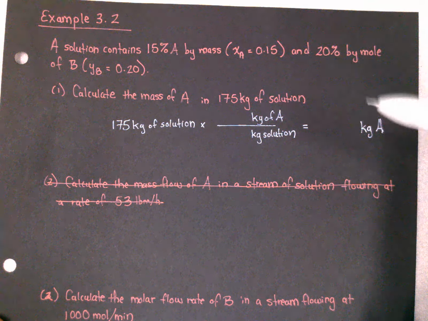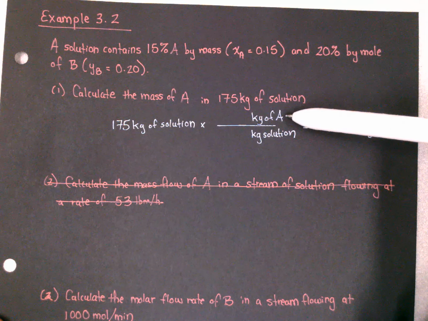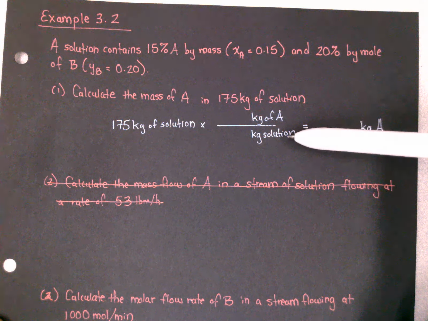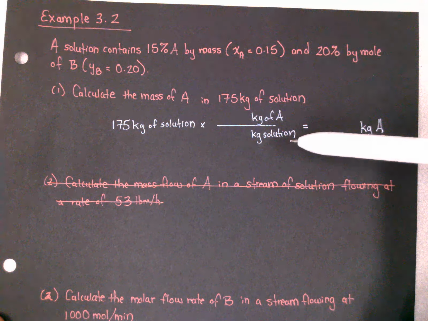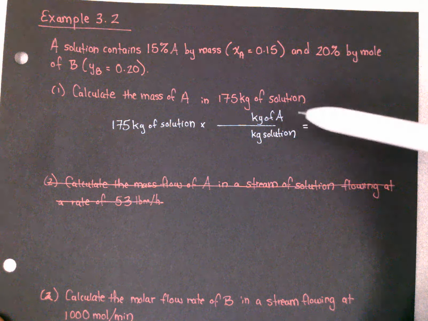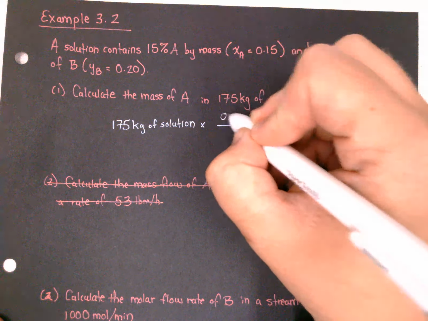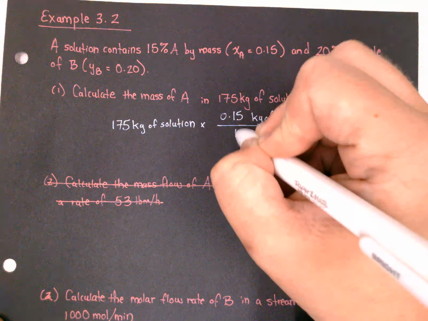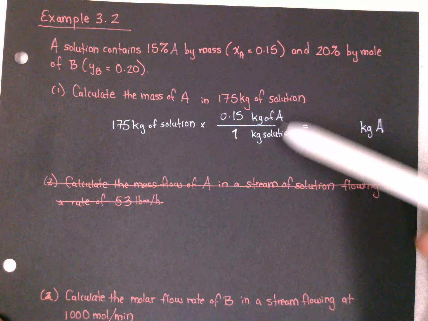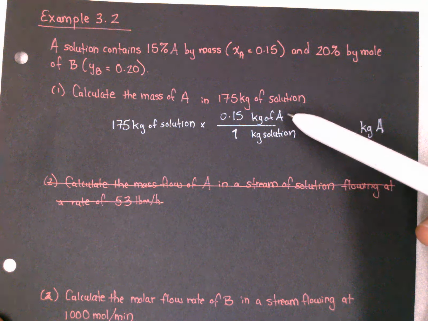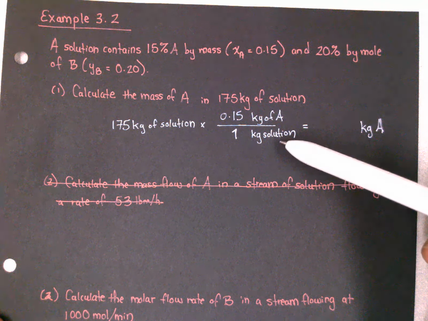Now, what do we know that has units of kilograms of A per kilograms of solution? And the solution here would be the total, right? So that is the definition of a mass fraction. So 0.15 over 1 is the mass fraction, right? That's kilograms of A per kilogram of solution.